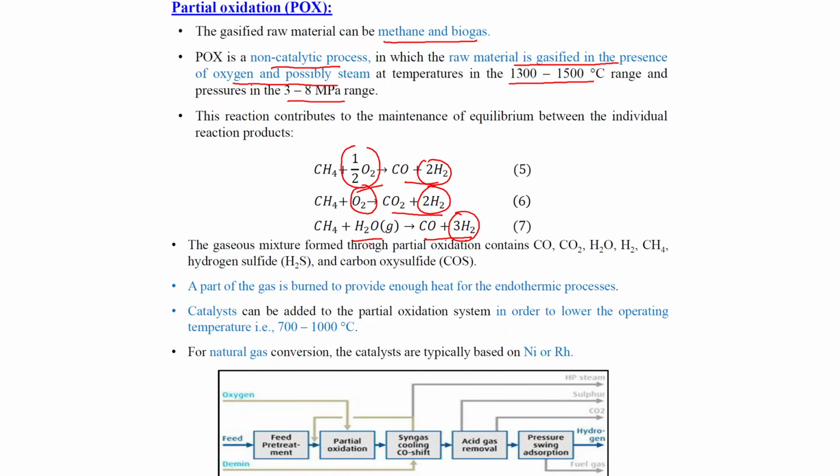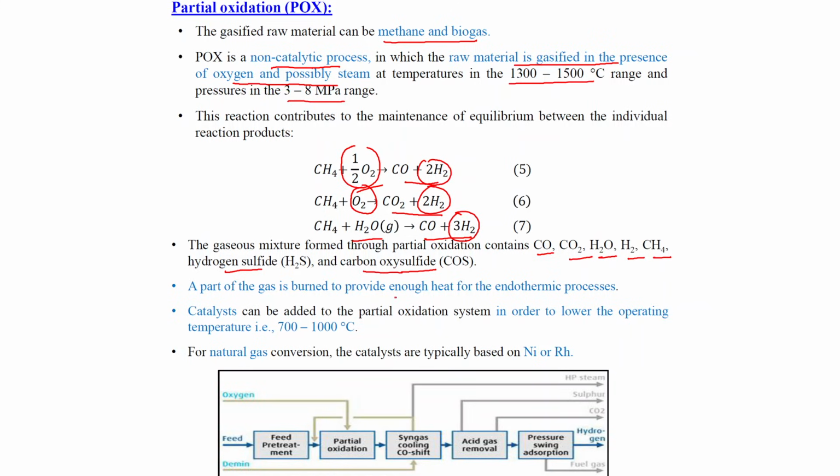Okay. The gaseous mixture formed through partial oxidation consists of carbon monoxide, carbon dioxide, hydrogen, water vapor, and methane, and small amounts of hydrogen sulfide and carbonyl sulfide, if some sulfur is also present in the raw material. Okay.